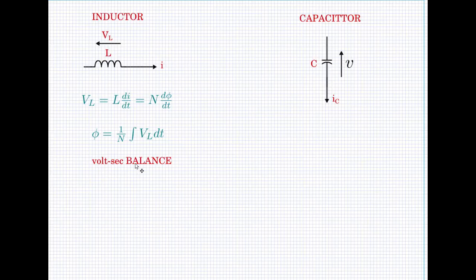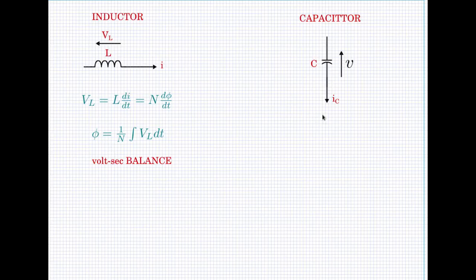This volt second balance is only in the steady state. In the transient, there will not be volt second balance because the energy within the inductor has to change. So in order to make it change, there has to be an imbalance in the volt second. But in the steady state, the volt second balance has to happen so that there is no build up of MMF.